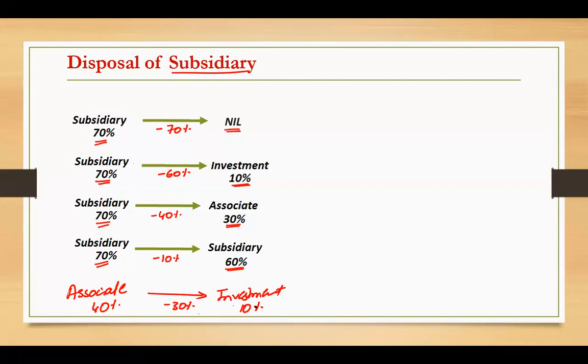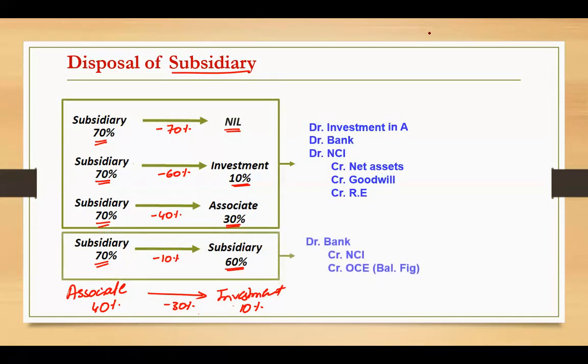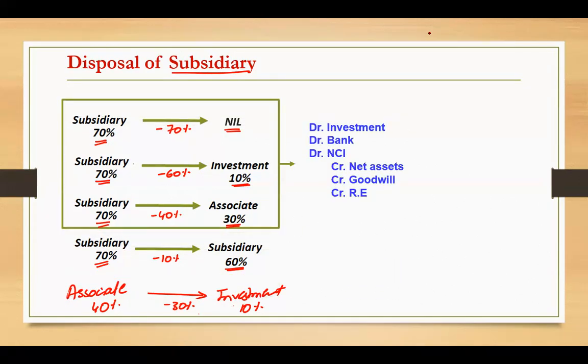So let's start with the first case that we have disposed of an entire subsidiary. What do we do if we have disposed of the subsidiary? We actually credit the net assets of that subsidiary, credit the goodwill and debit the NCI. Using these 3 values, we actually de-recognize the subsidiary from our financial statements.